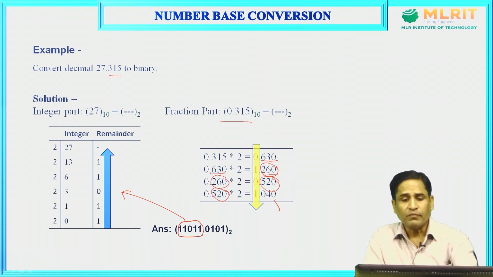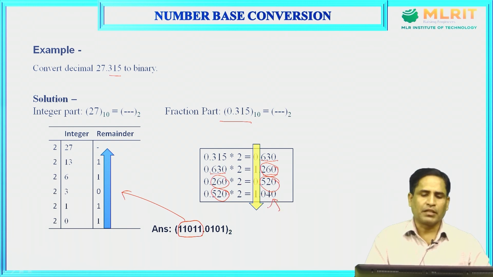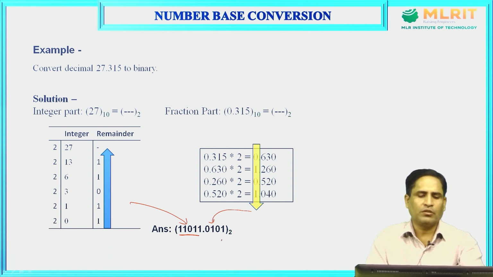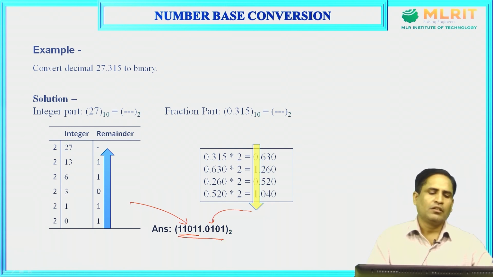Although again please note that this part doesn't become 0, but in 4-5 steps it will give the right answer. So this came from this part and this particular came from this particular part, 0.0101. So we got the full answer for the integer part as well as for the fractional part.